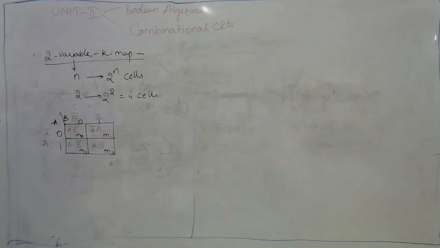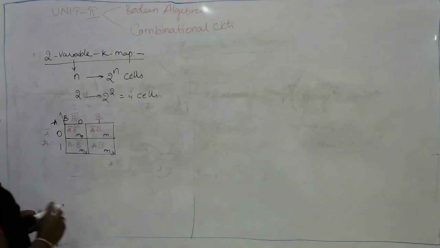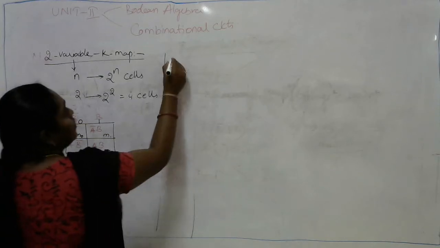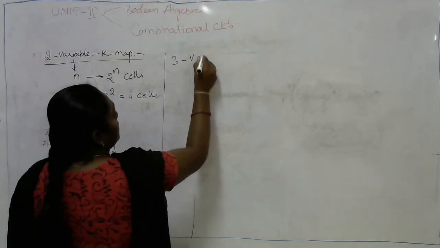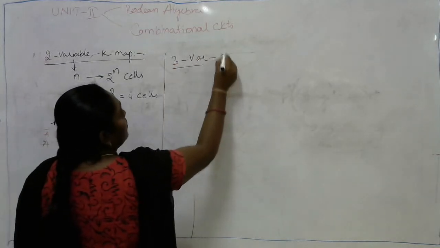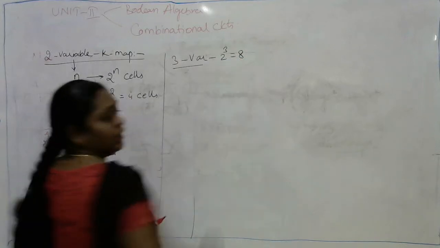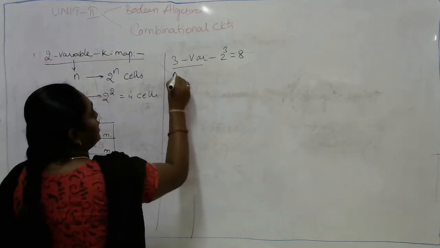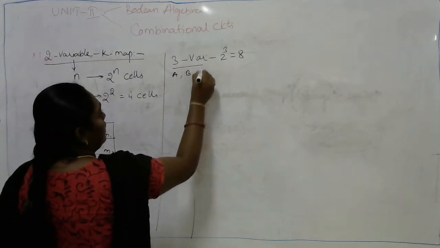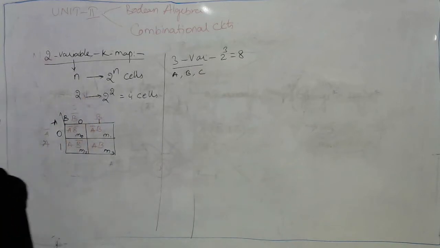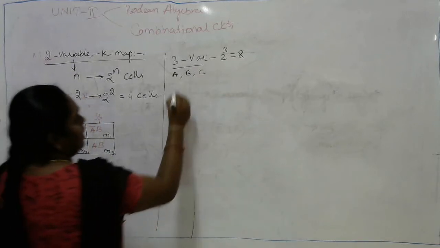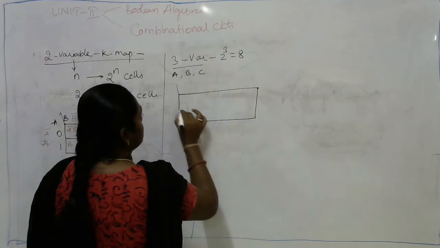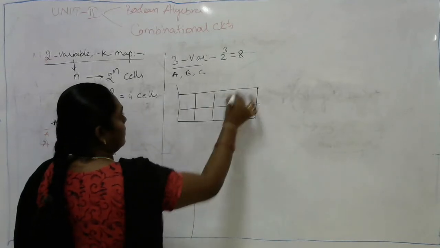Similarly, if I am going for a three variable K-map, I will have 2 power 3 cells, which is nothing but 8 cells. Let me take those three variables as A, B and C. I need to draw the K-map in such a way that it consists of 8 cells.